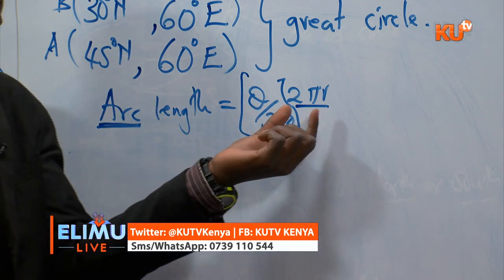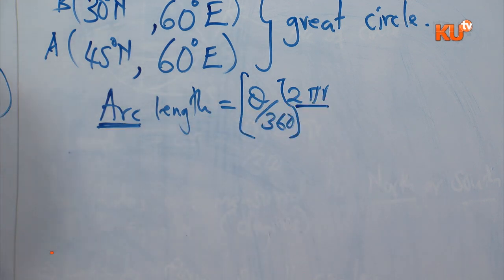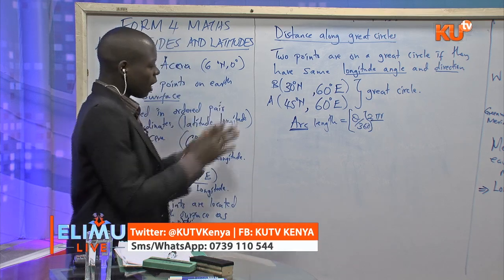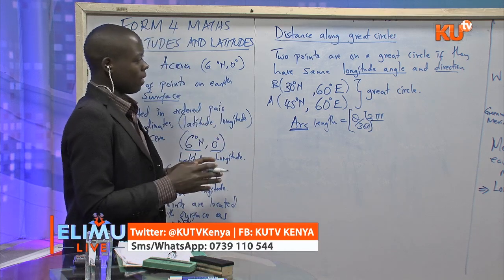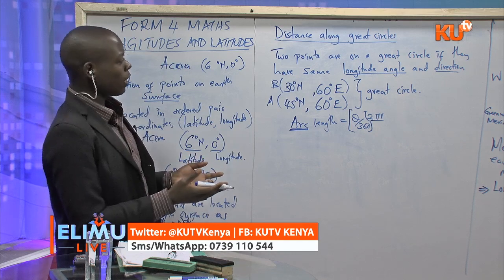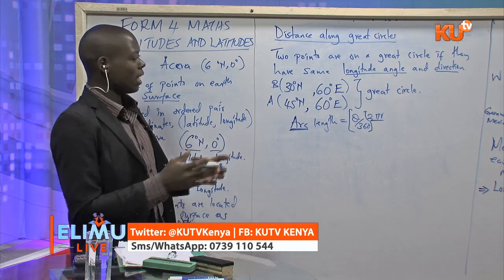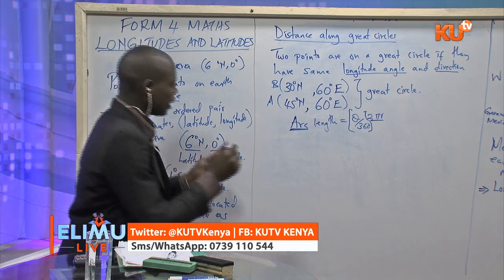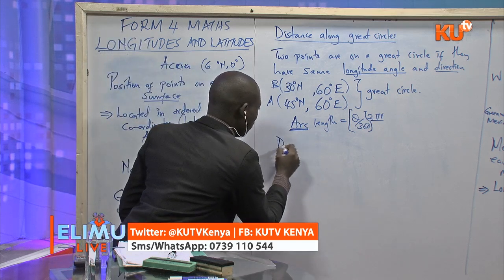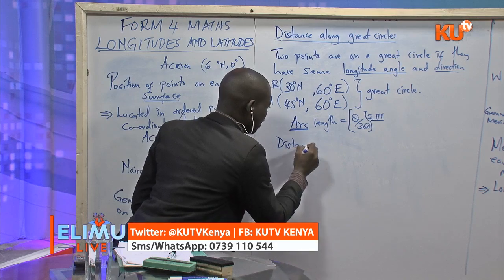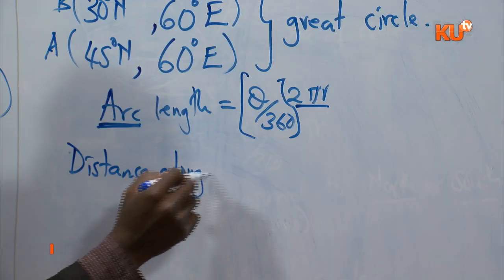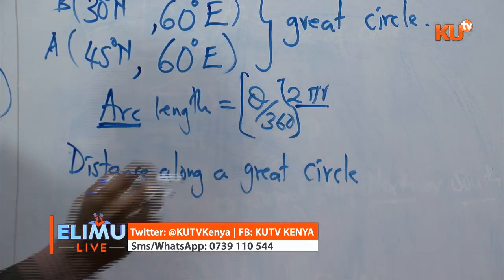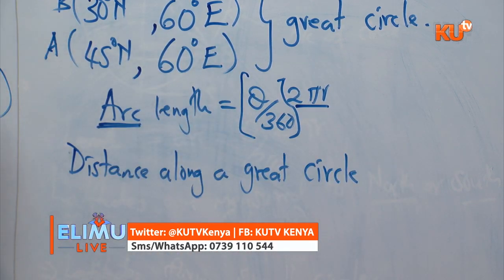But then we are going to substitute this r, because we are not just talking about a normal circle. We are talking about the circle that is formed on the Earth's surface. Even though these lines that we are talking about, the longitudes and latitudes, are imaginary, we tend to believe that they are forming circles. And so we say the distance along a great circle is calculated in two ways.